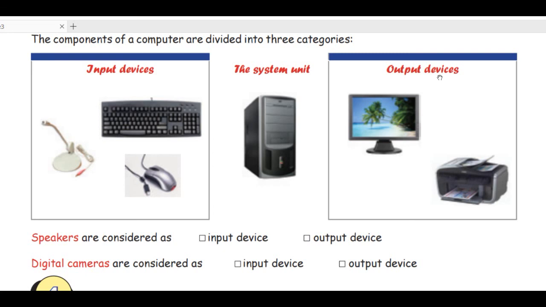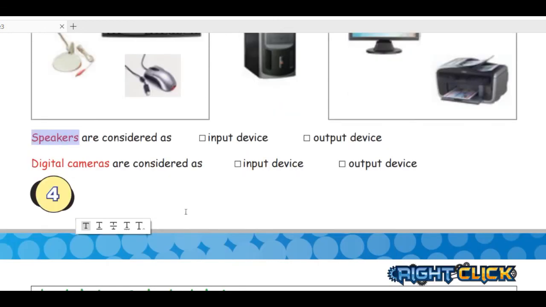And the output device is where we can see the information. After that, the student is asked to answer two questions about the speaker and the digital camera.